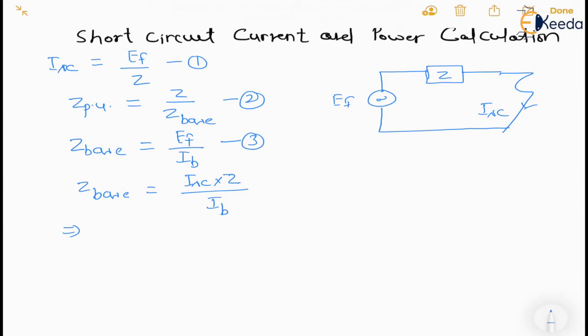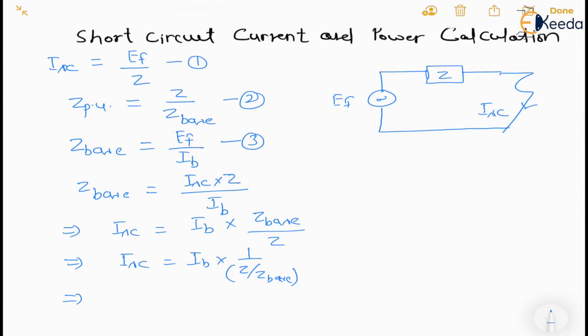So the value of Isc we can write from here as Ib into Z base upon Z actual. We also can see that the value of Isc will be equal to Ib into 1 upon Z base.